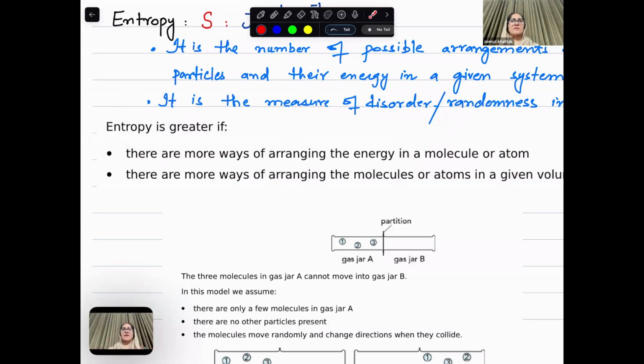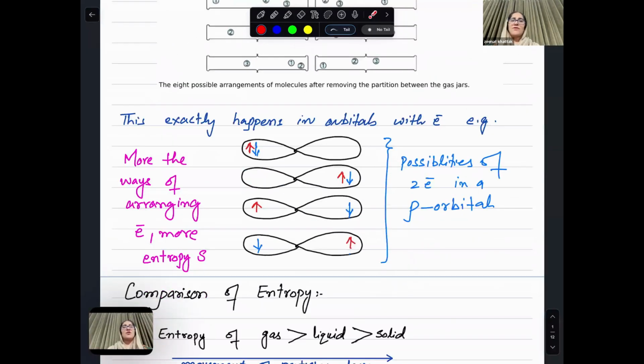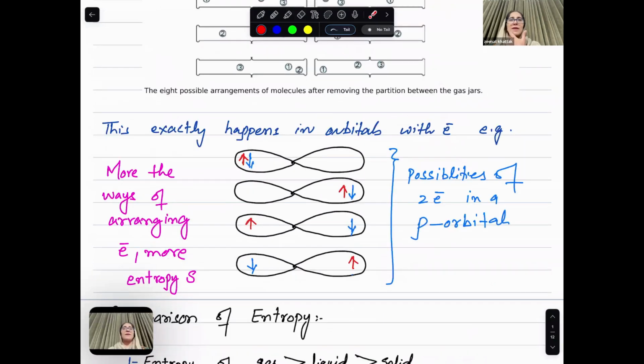Definitely on physical state. Before going to comparison, see, if you have a p orbital, in every p orbital, 2 electrons can be accommodated. Now, both the particles here, both the particles in the other lobe, or the red is here, the blue is this way, the blue here.